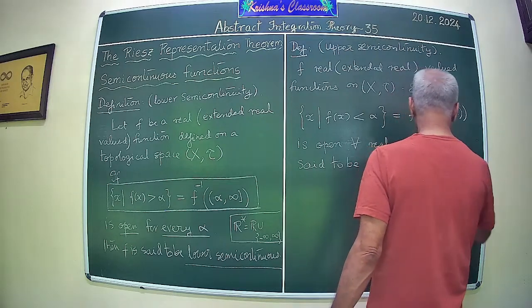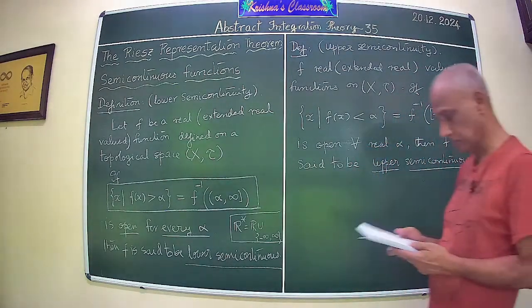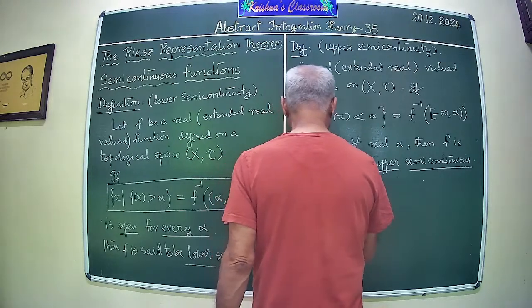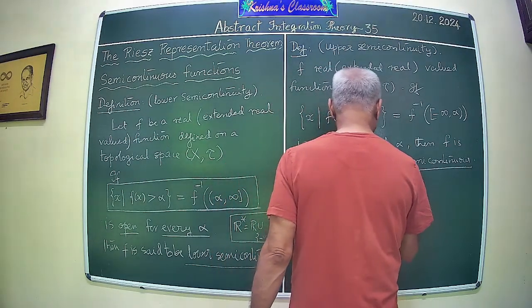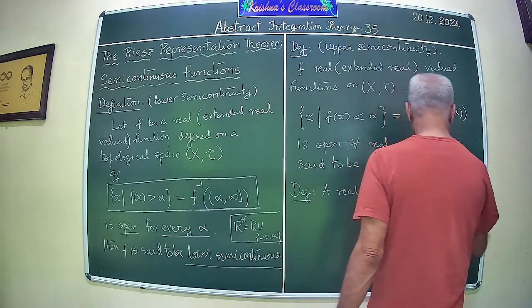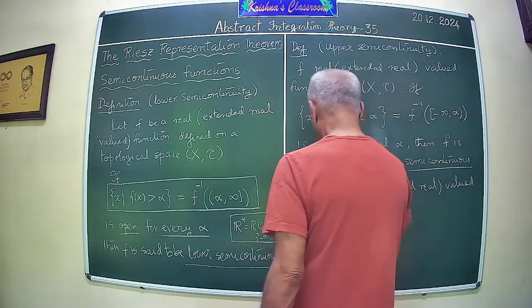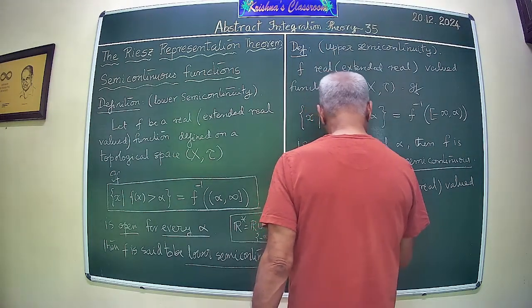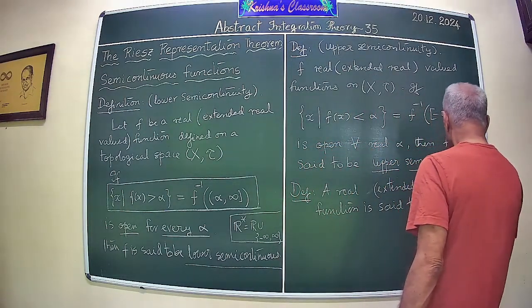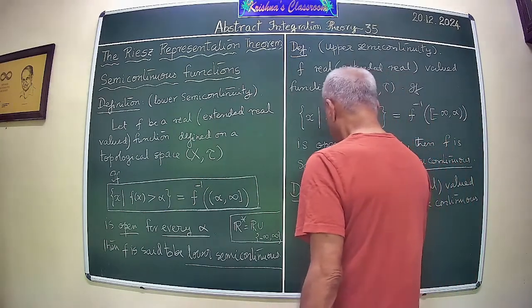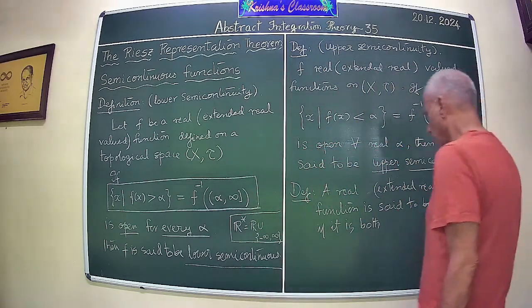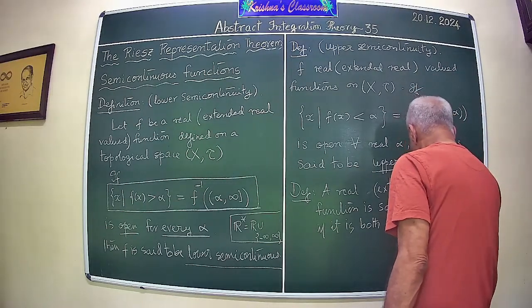Let's just examine these statements. And of course, a real function is said to be continuous if it is both lower and upper semicontinuous.